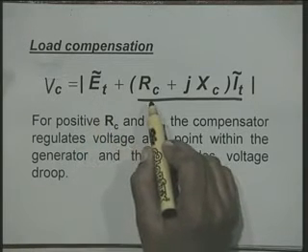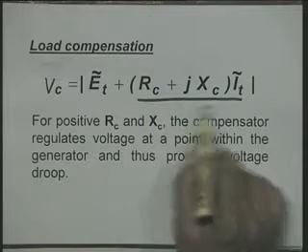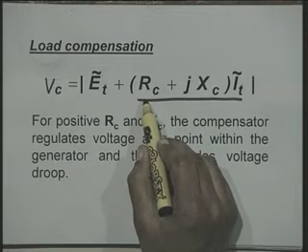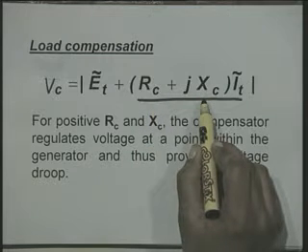You add a voltage drop which is represented by this term, that is a complex number. Rc plus j times Xc is a complex number.